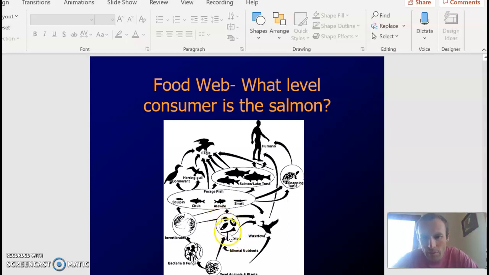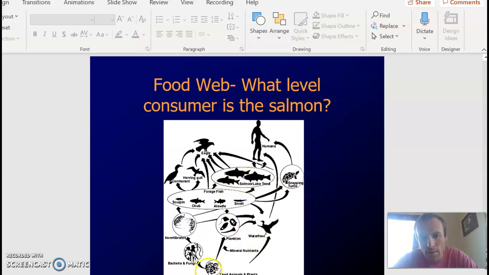And the phytoplankton are consumed by a few different groups of small forage fish. So if we focus on one of them called the alewife, the alewife basically eats the plankton, so it would be a primary consumer. And then the salmon, if it's eating the alewife, would be a secondary consumer. So if you got that correct, good job.